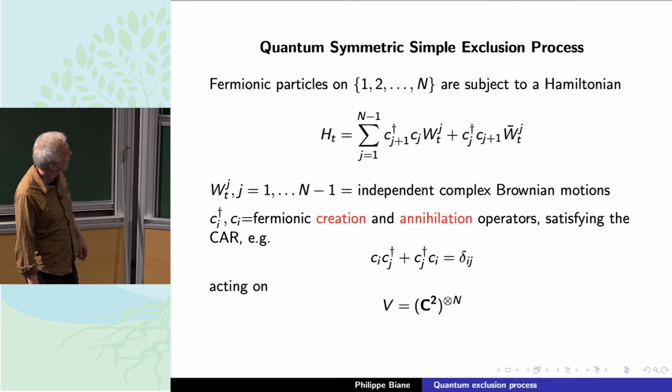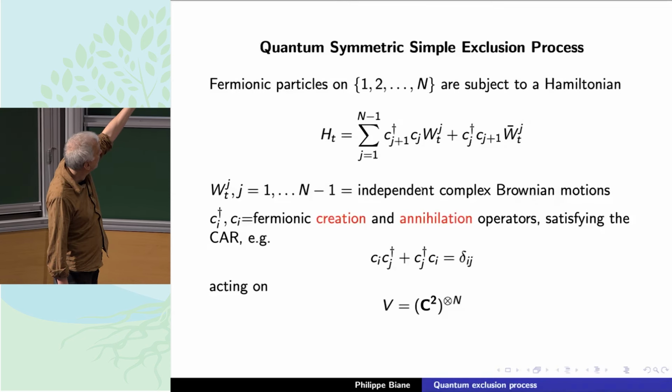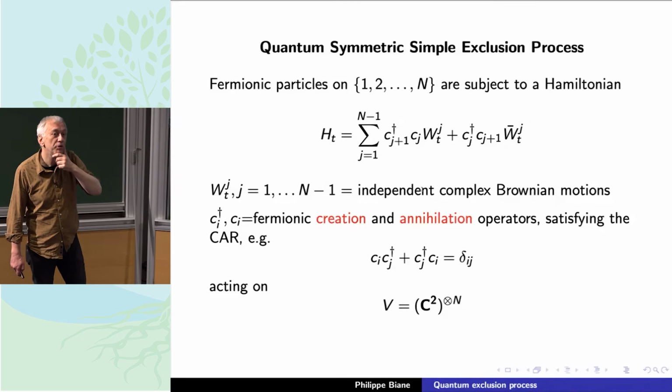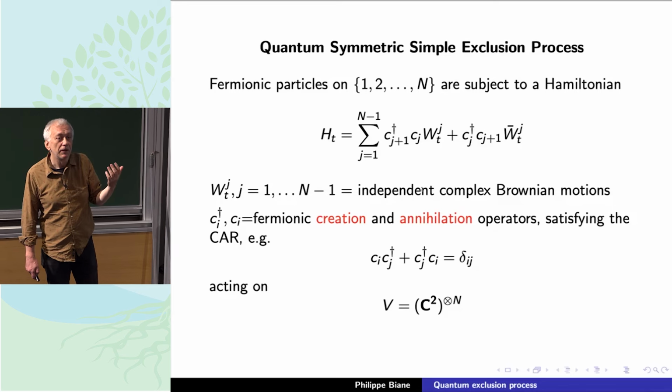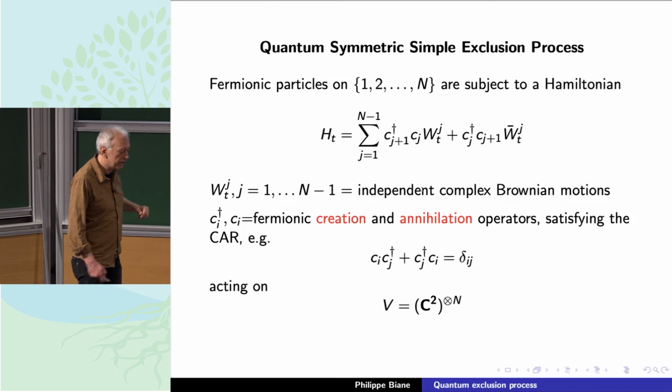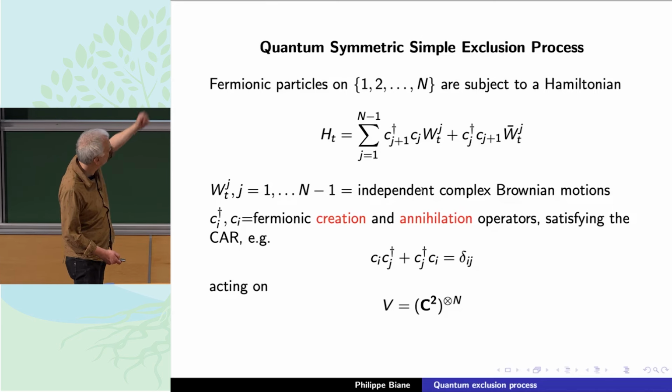And they act on this space V, which is C2 to the tensor n. And HT is random because you have a Brownian motion, so it's a random operator. If you want, this is a random matrix acting on the space V.